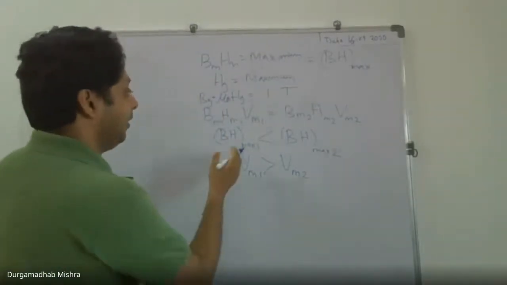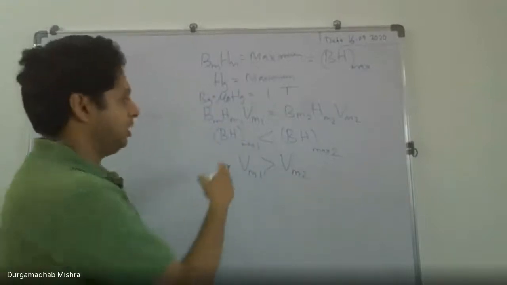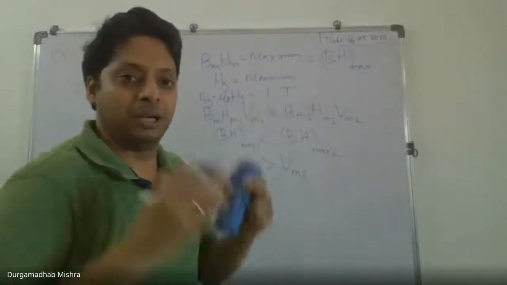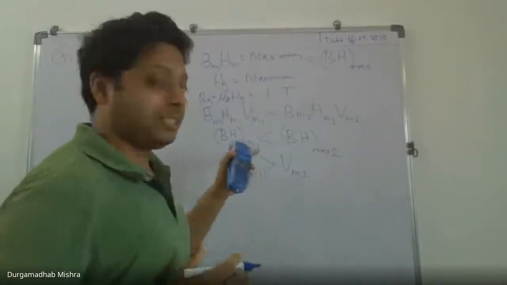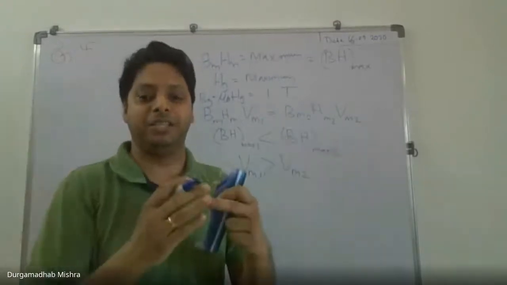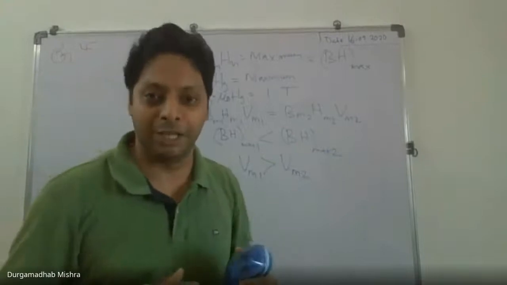But if I use another material which has a low BH max, I have to take a larger, bigger volume. This has a big consequence, because nowadays we are all talking about miniaturization, making devices as small as possible.